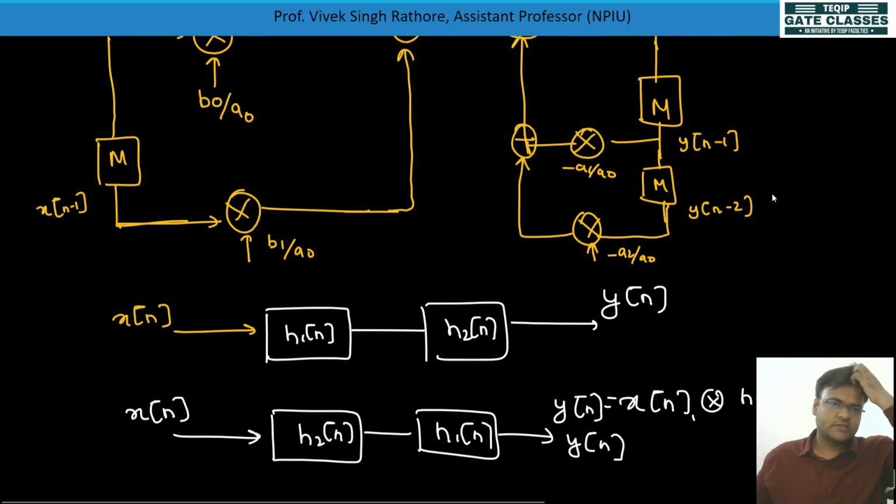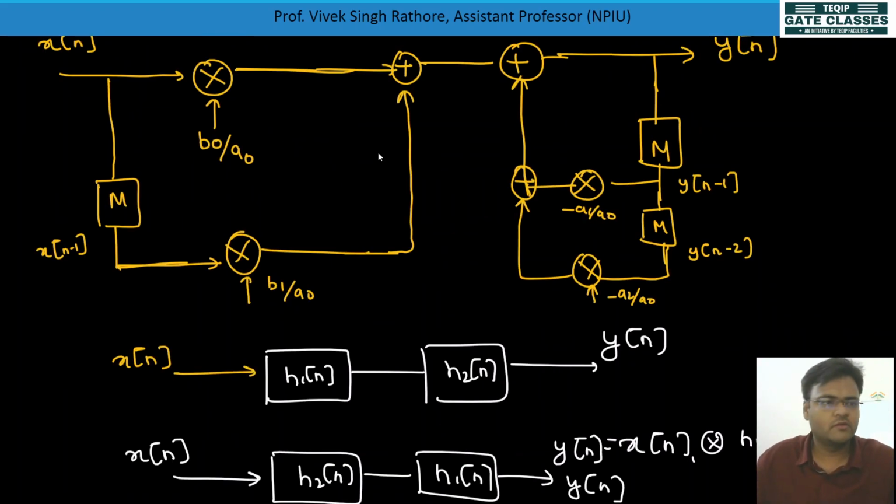So this is actually what you are seeing now. First of all, you understand that this can be interchanged. Which can be interchanged? If you see this block diagram, we can see that this portion and this portion are both there, so they can be interchanged from the left hand side to the right hand side.